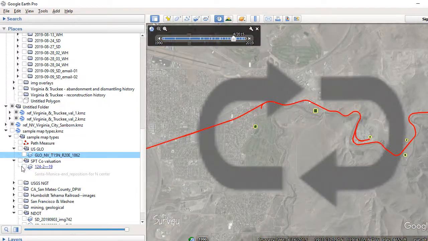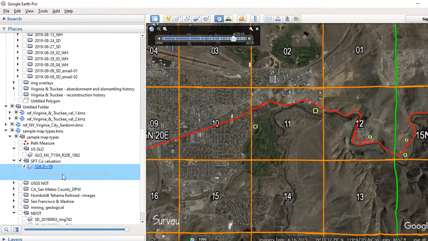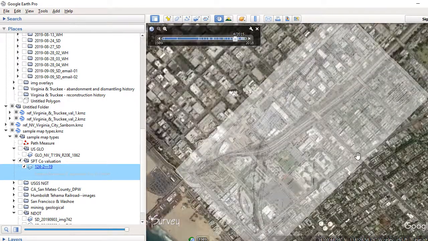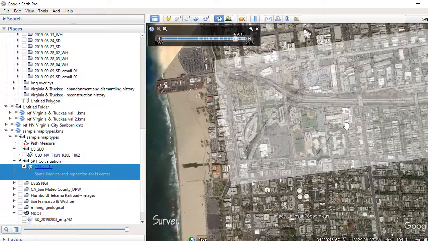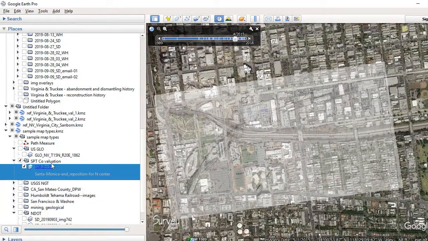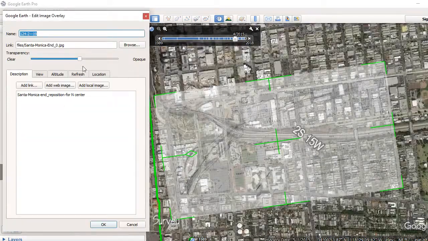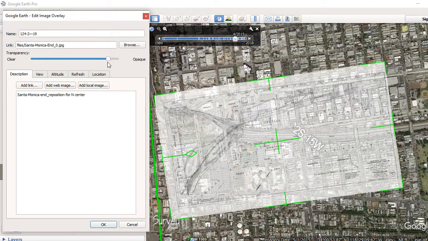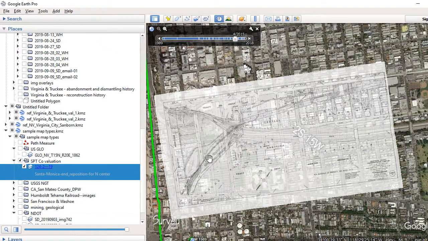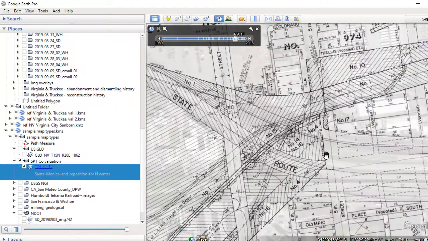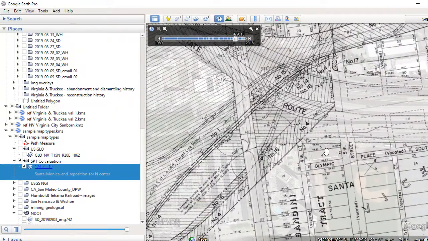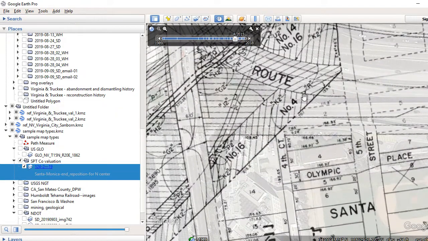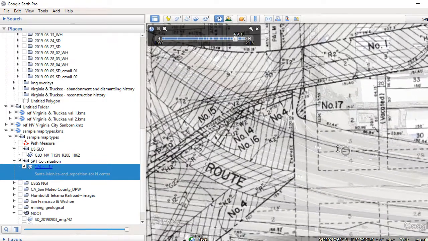I want to show you very rapidly that there are other kinds of valuation sheets; the valuation project continued until the 1960s. And the later valuation sheets, here we are in Santa Monica, California, had different types of information, much more information, especially as quality plotters and printers became available.